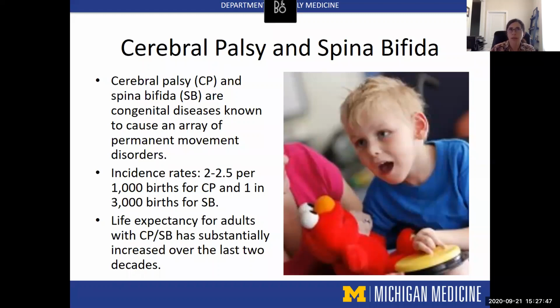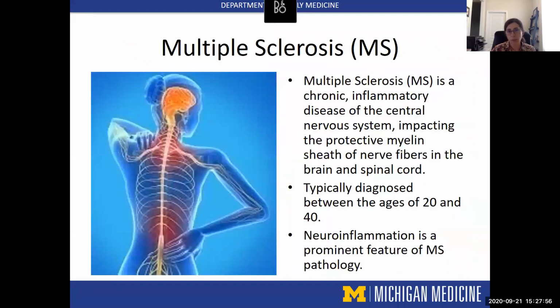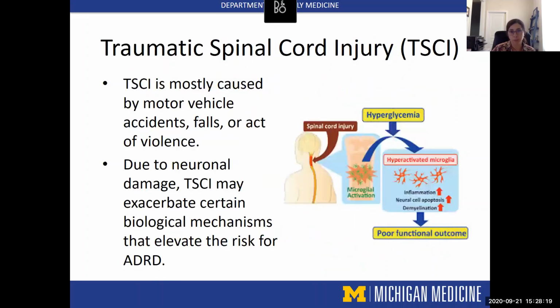And over the past 2 decades, the life expectancy for individuals with CP and Spina Bifida has substantially increased. MS, on the other hand, is a chronic inflammatory disease of the central nervous system, which is diagnosed usually between the ages of 20 and 40, at middle ages. And there is very much similar pathology between MS and Alzheimer's disease and related dementia.